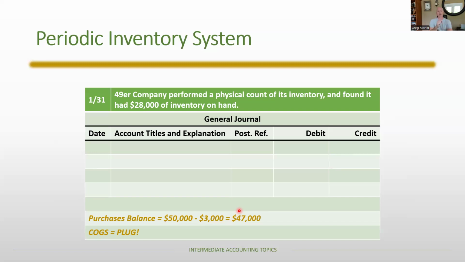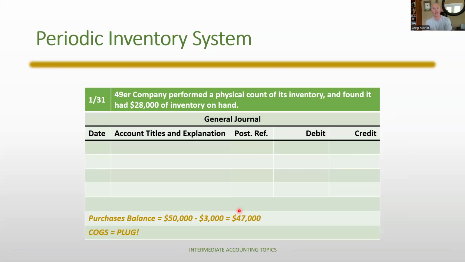Now, the way we handled the physical count of the inventory, I like separating it to keep it very, very clear as far as what's going on. And the way that we separate it is we take the beginning inventory account balance, which was $25,000, and we need to take that off of our books. And then we need to bring onto our books the ending physical count, which was 28,000.